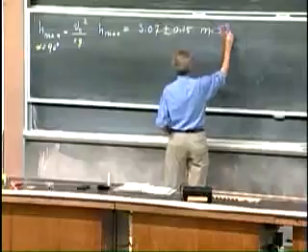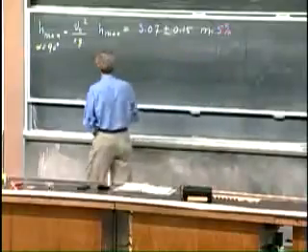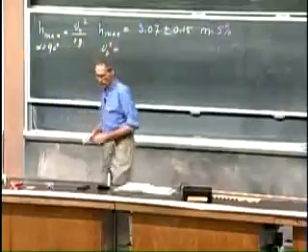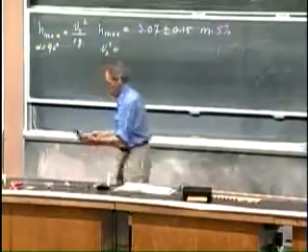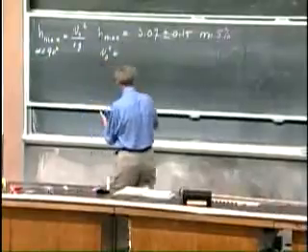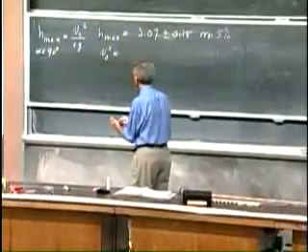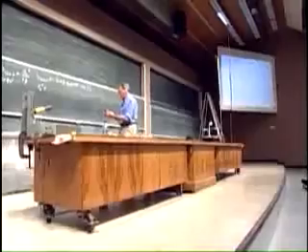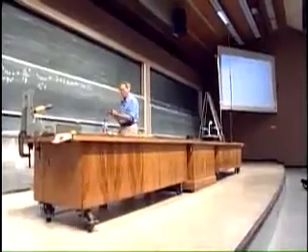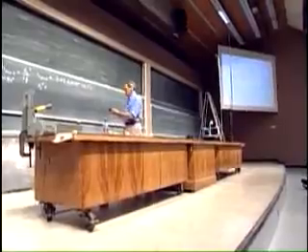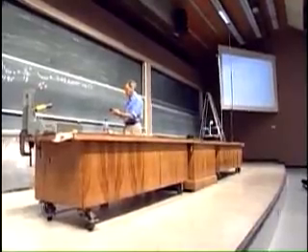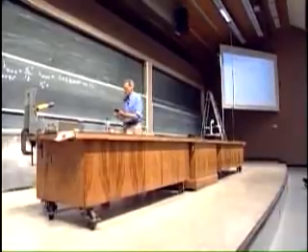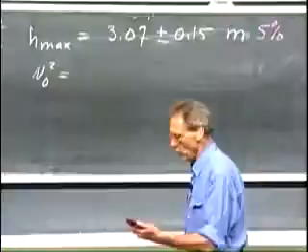5%. So what now is V0 squared? Well, that's easy to calculate now. V0 squared equals 3.07 times 2 times 9.8. Oh, my calculator was off. That's a detail. 3.07 times 2 times 9.8. That is 60.17.